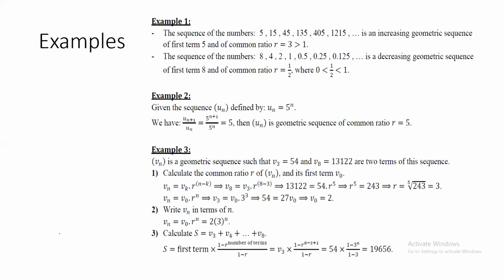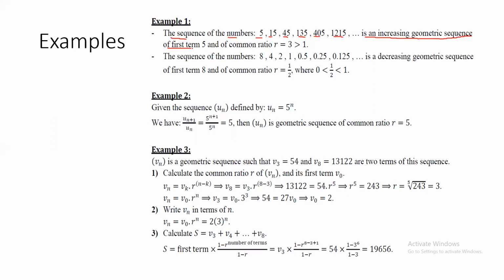Let's take some examples. Example 1. The sequence of numbers 5, 15, 45, 135, 405, 1215 is an increasing geometric sequence of first term 5.